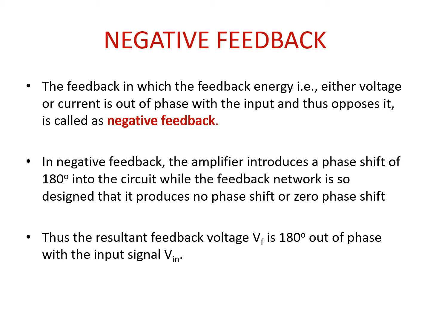So it used to be in phase with the input, so we called it positive feedback. Now here in negative feedback, we realize that only the amplifier's 180-degree phase shift is present, but the feedback network over here is going to give us a zero phase shift. Means that is the reason they are not in phase with each other, they are out of phase.